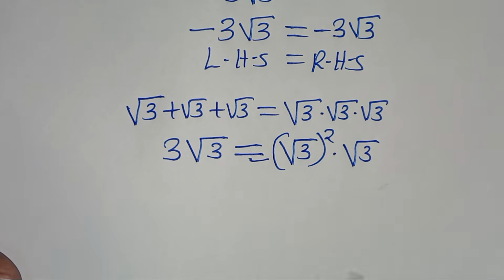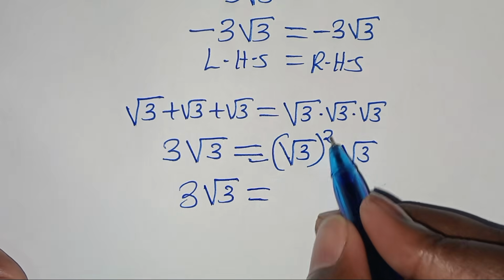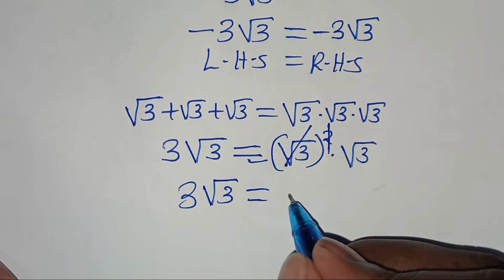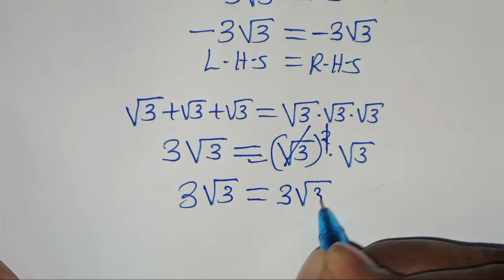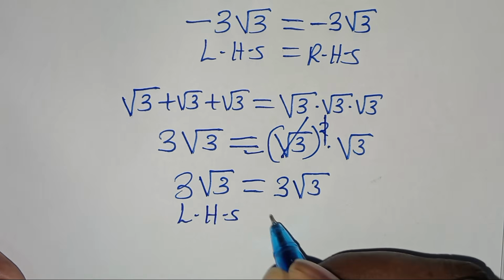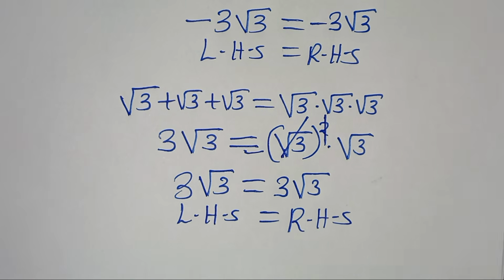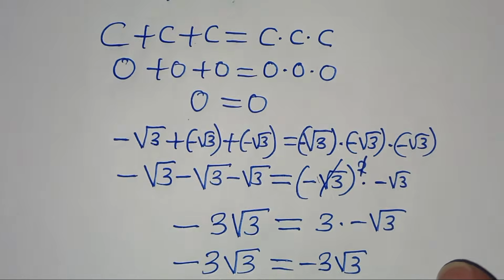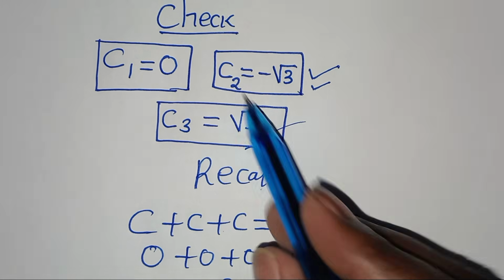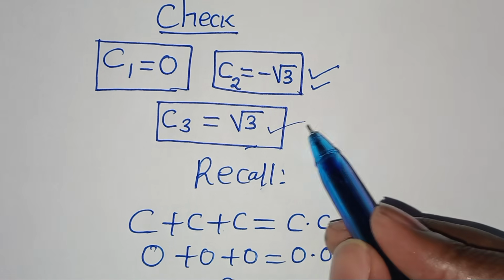So we have 3 root 3 equal to root 3 to the power of 2, which we simplify to 3 times root 3, which becomes 3 root 3. This means the left hand side is equal to the right hand side, and this proves that the three solutions, c1 equal to 0, c2 equal to minus square root of 3, and c3 equal to square root of 3, satisfy the equation.